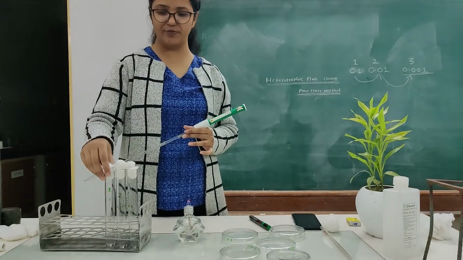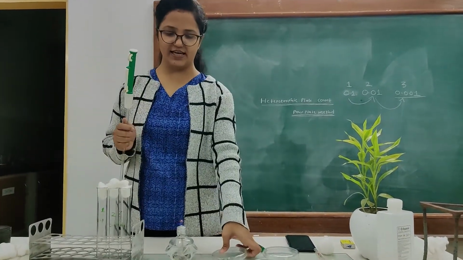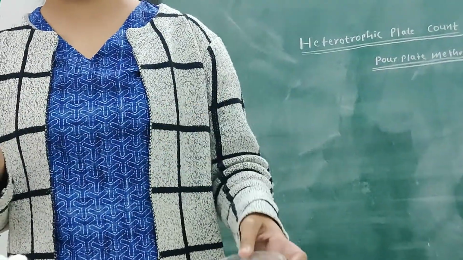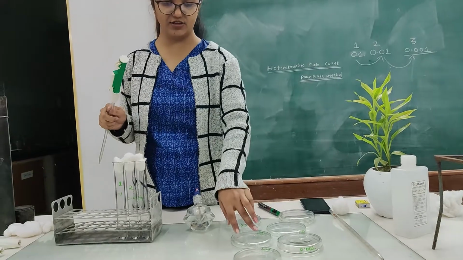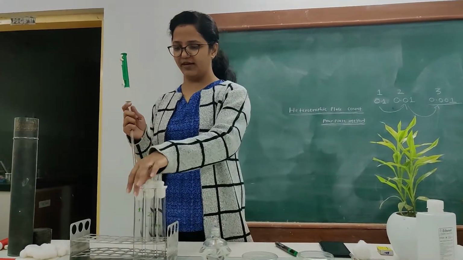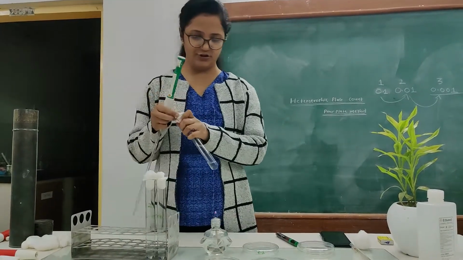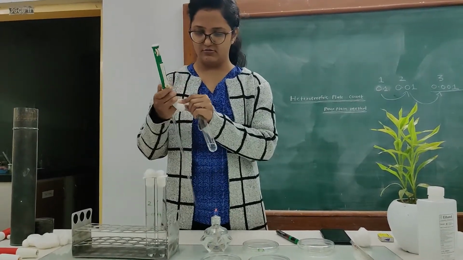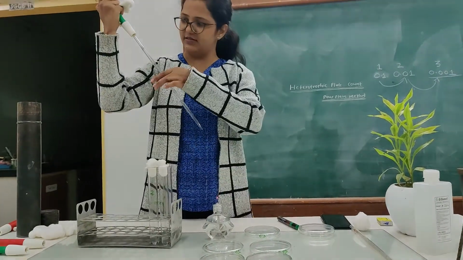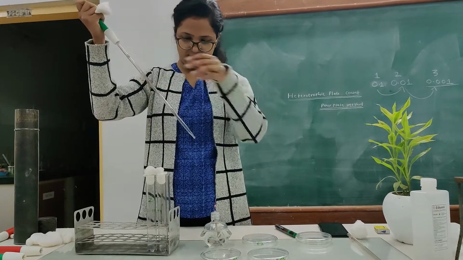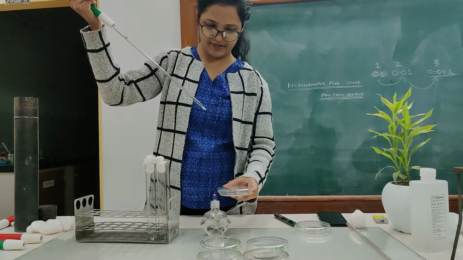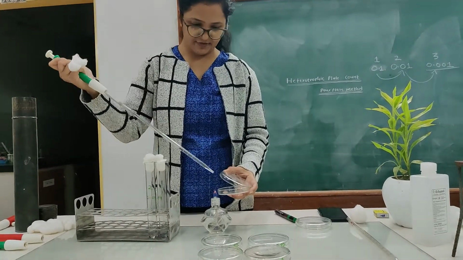For each dilution you have to prepare 2 Petri plates. Like for 0.1 dilution I have 2 Petri plates. Similarly for the others. Now take 1 ml from the 0.1 dilution and add 1 ml of it to the Petri plate. Open the Petri plate in front of the flame only.